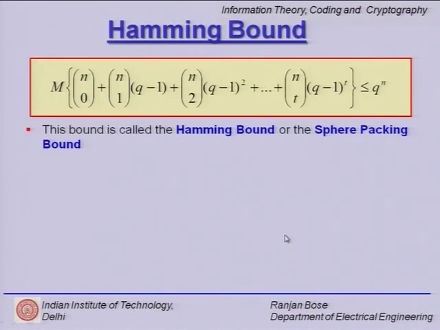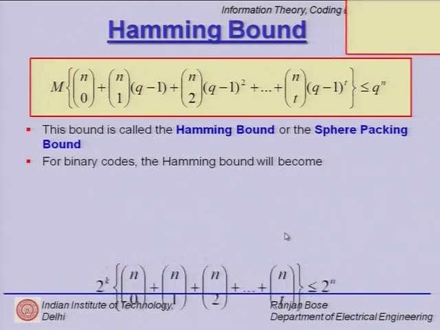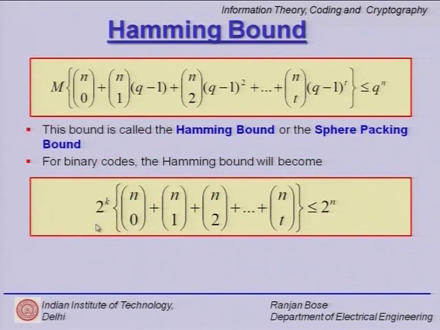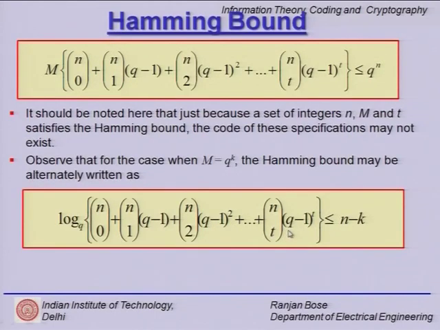We also looked at the Hamming bound or the sphere packing bound, and if you look at the binary case, the Hamming bound is given by the following expression, where n is the block length, k is the length of the information word, and t is the number of errors that it can correct.